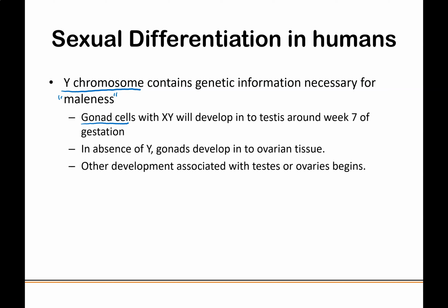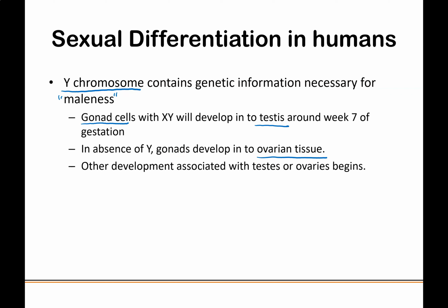Gonad cells in an individual that is X and Y are going to develop into the testes. So these are the cells that are eventually going to produce sperm. If there is no Y chromosome present, gonads do not develop into testes, but instead they develop into ovarian tissue.